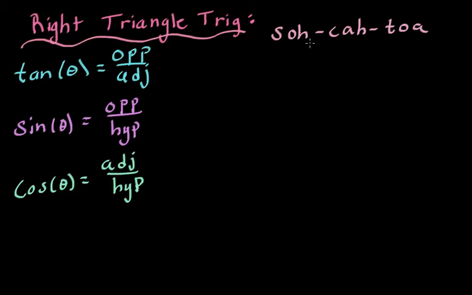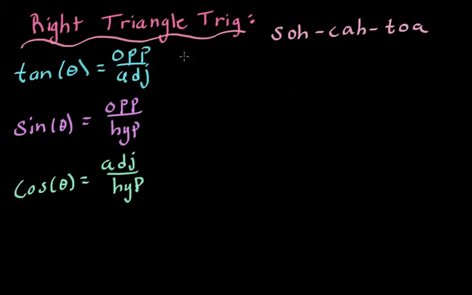So as you see, you think of sine equals opposite over hypotenuse, and then CAH would be cosine equals adjacent over hypotenuse, and TOA being our tangent, which equals opposite over adjacent. So we can see how that comes in really good use.